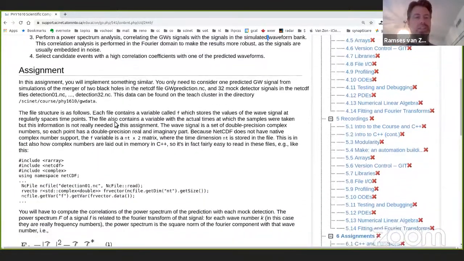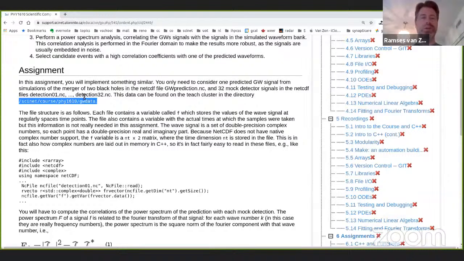So we're going to do pretty much a similar thing. You'll get some data in this directory. There are 32 detection signals. By the way, this is pretty much all fake. The prediction data is based on an actual simulation, so the generic shape is correct, but none of the detected signals are actually coming from LIGO.